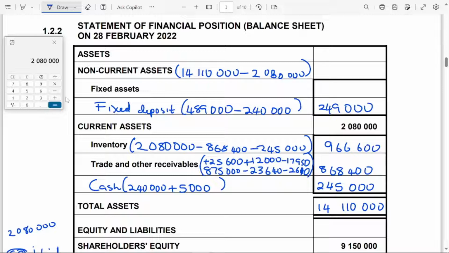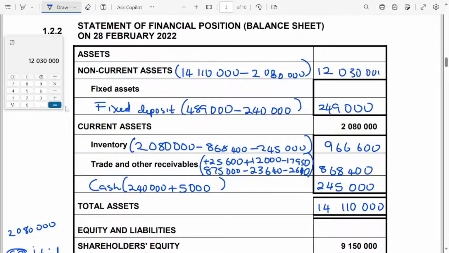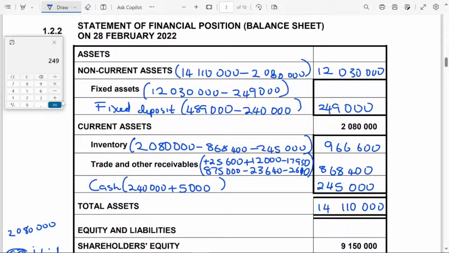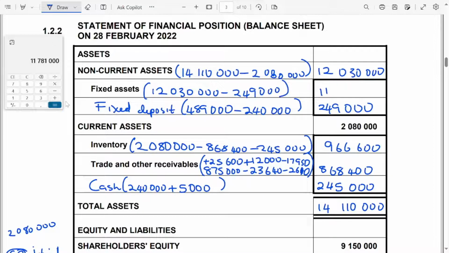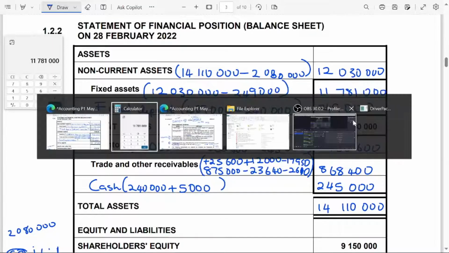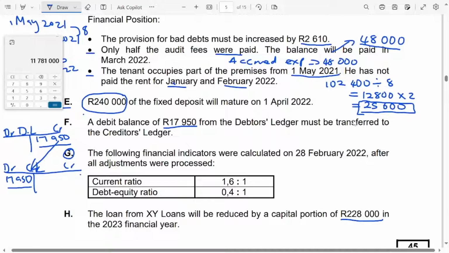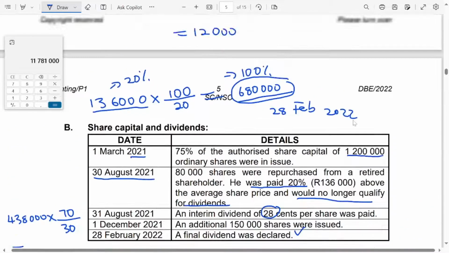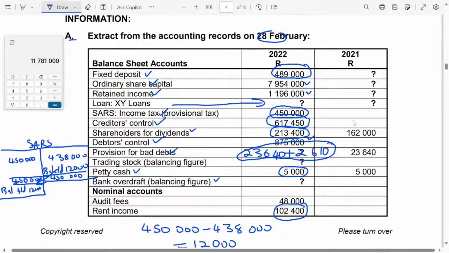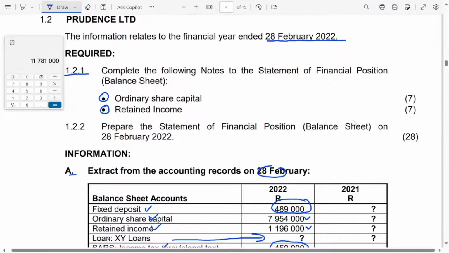That is going to be 12,030,000. So then 12,030,000 minus 249,000. So this is your fixed assets, 11,781,000. Unless we missed something which was talking about the fixed asset, but if not, it means that the fixed asset here is the balancing figure. If they are not given, it means they are the balancing figure.